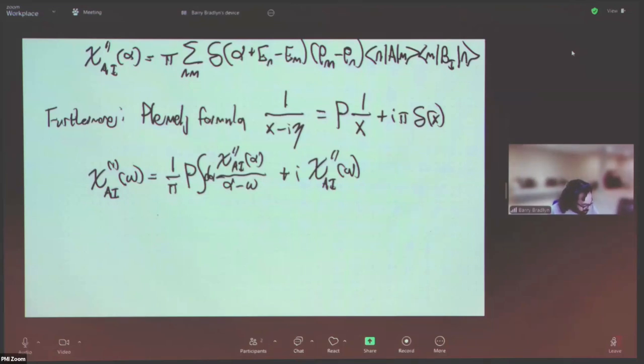And it's convenient to define this first term as chi prime.